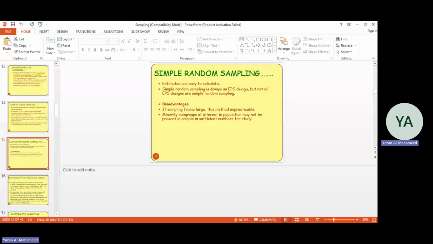The first type is quota sampling, meaning that I divide the population of the study into different quotas, and then I select all the members in each quota, and sometimes some members from each quota, but I select them purposefully rather than randomly.